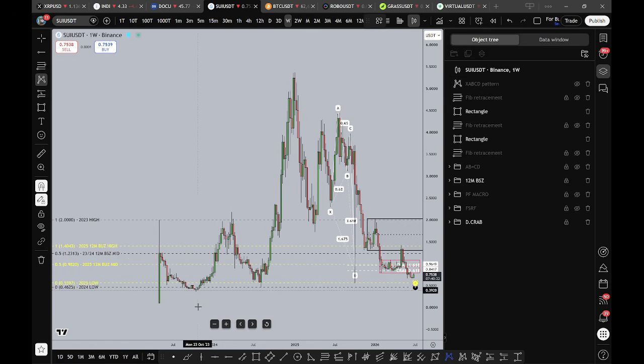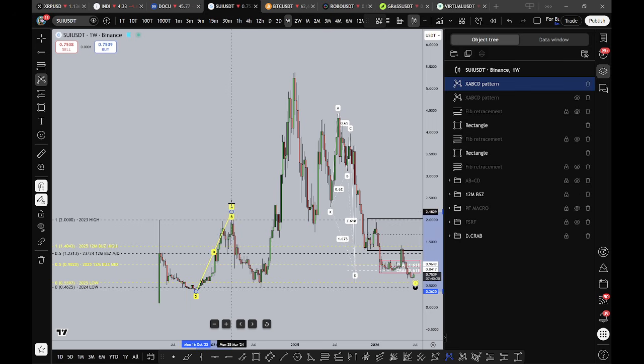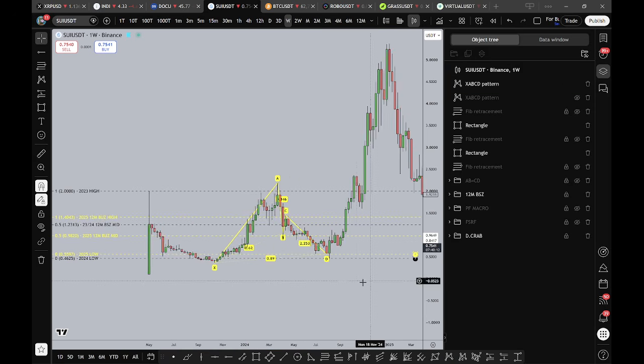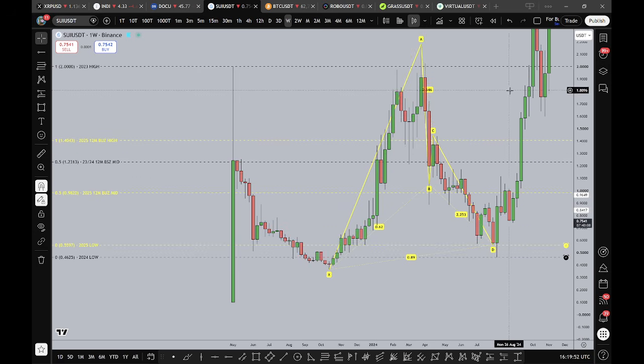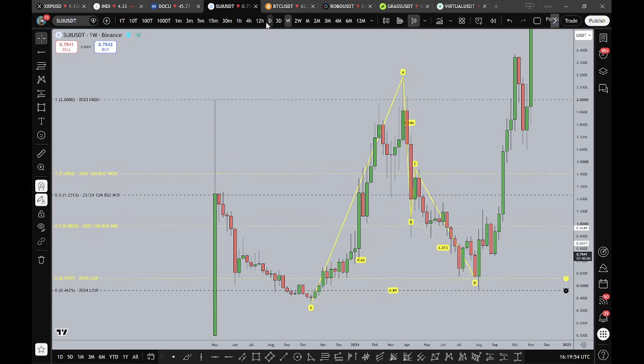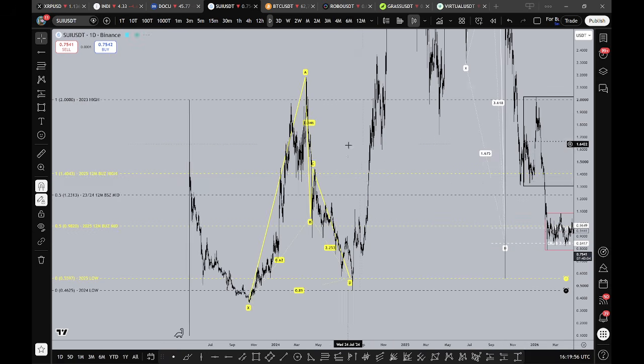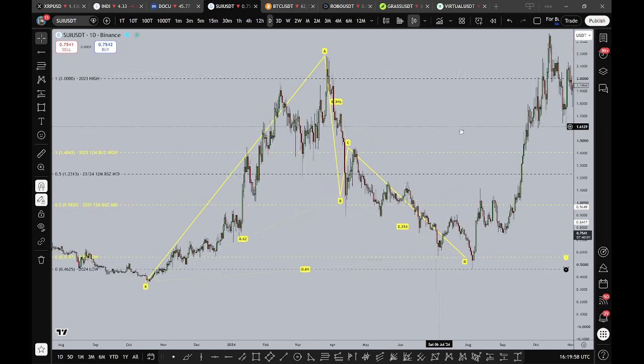If you were willing to look at this, it was also something you could have taken as a Gartley or a bat or the other. One sec. Now I'm confused. Was it lower time frame? There was definitely a valid M shape down here that was not just a shark. I had it.